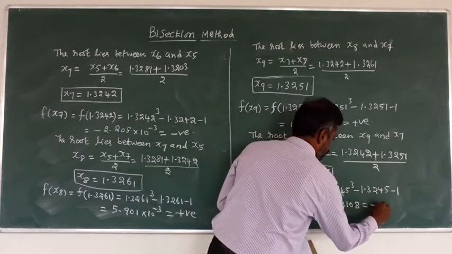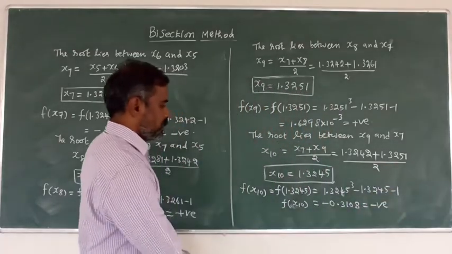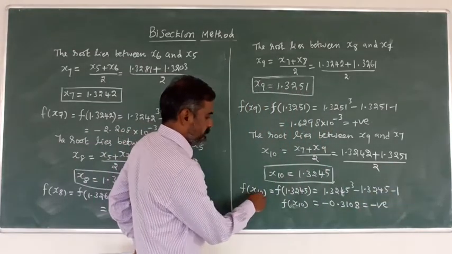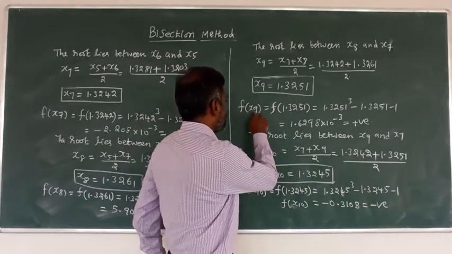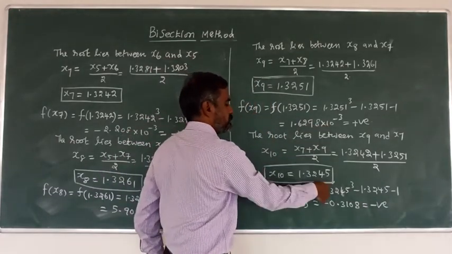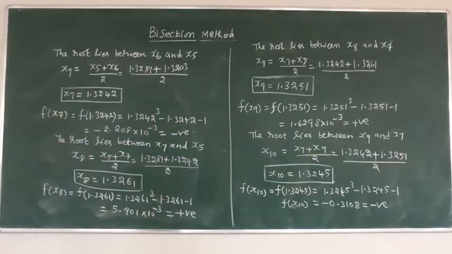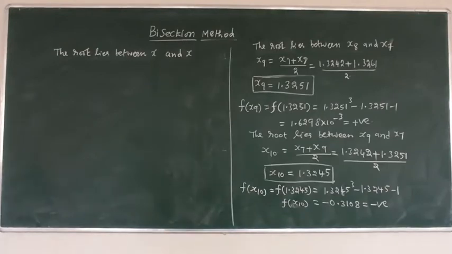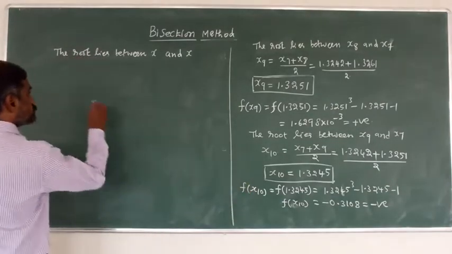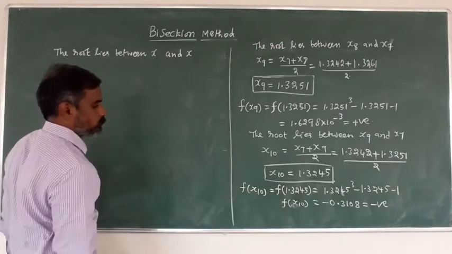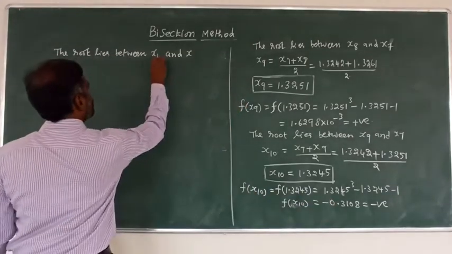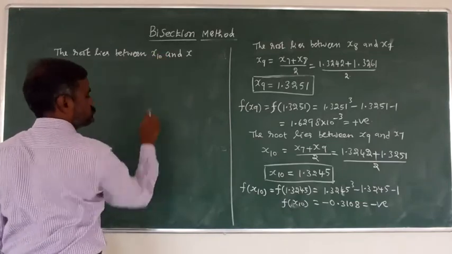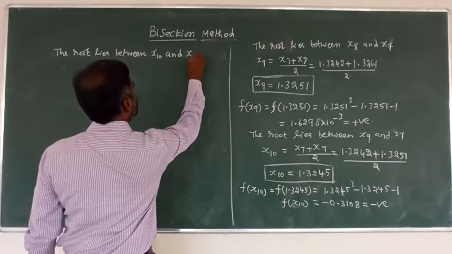This is a negative result. So we take f of x10 as negative and f of x9 as positive. Now the root lies between one positive value and one negative value: negative value x10 and positive value x9.